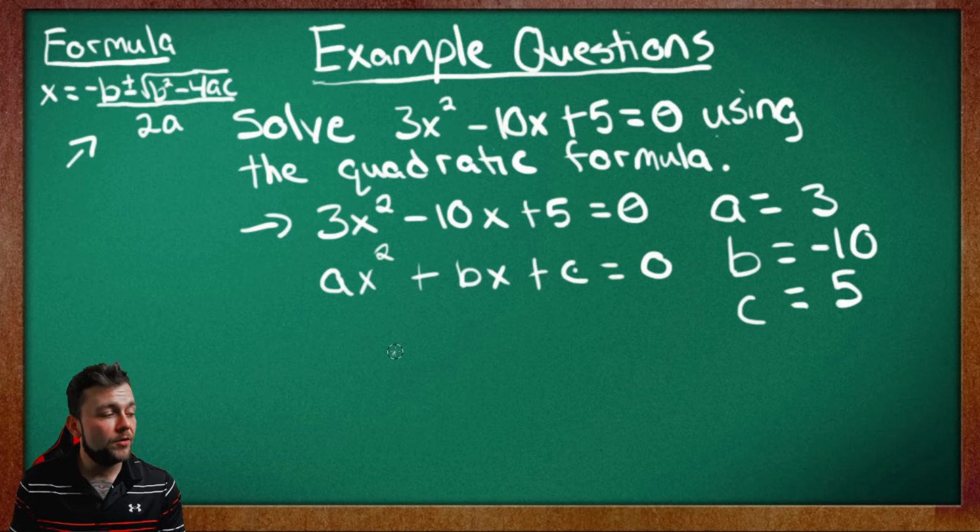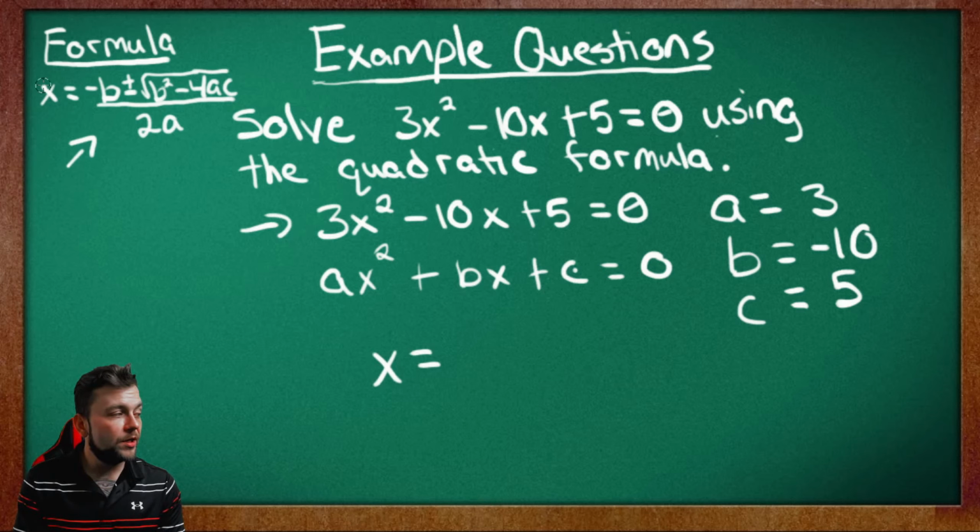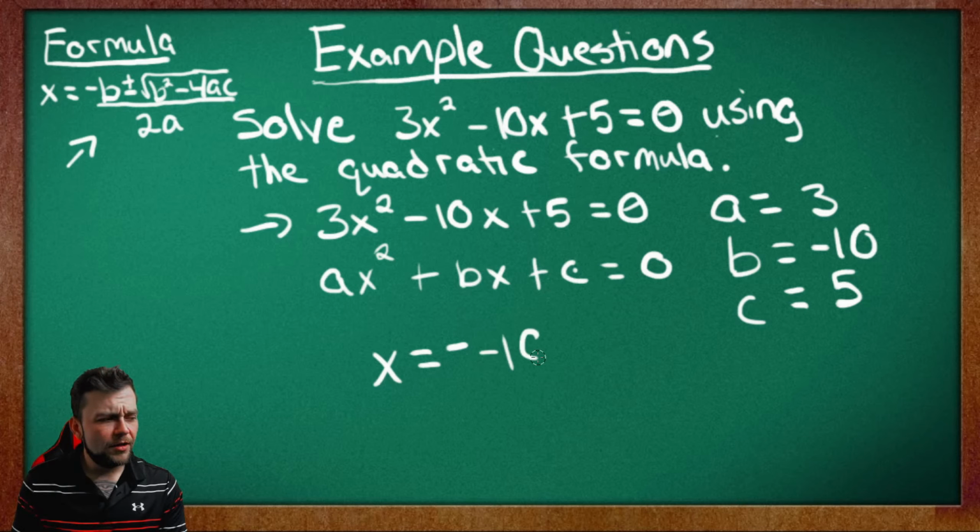I'll just write this out. So x equals a negative b, so a negative, and then what is our b? It is a negative 10. Paul, that looks ridiculous. You have two negatives by each other. They cancel each other out.